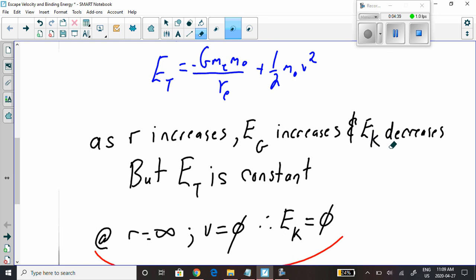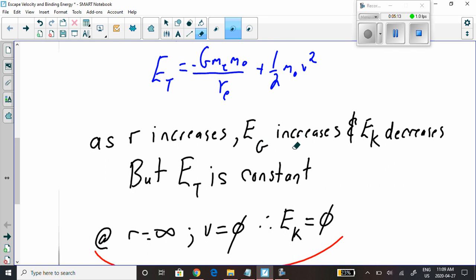If you throw something up into the air, as it's moving upward, its kinetic energy decreases. We have the law of conservation of energy that tells us that the total energy is constant, the total energy being universal gravitational potential energy and kinetic energy. So as kinetic energy decreases, some other energy has to increase, and it's the universal gravitational potential energy.